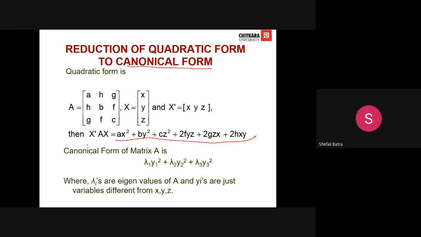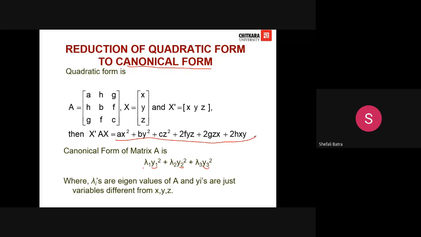How to write it? Canonical form is given by lambda 1 y1 square, lambda 2 y2 square plus lambda 3 y3 square. These y1, y2, y3 are other variables. We have taken yi just to make the difference from x, y, z. Okay, just variables, nothing more than that.